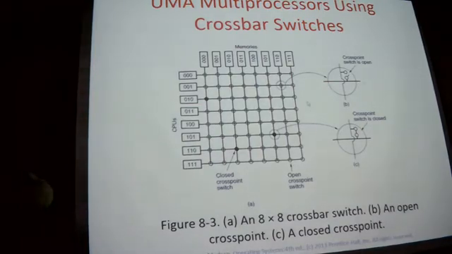So this figure shows the UMA, how to control the connection between multiple CPUs and multiple memories. Just use switches. I think it's a simple idea.